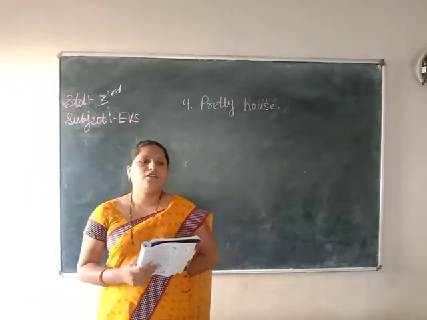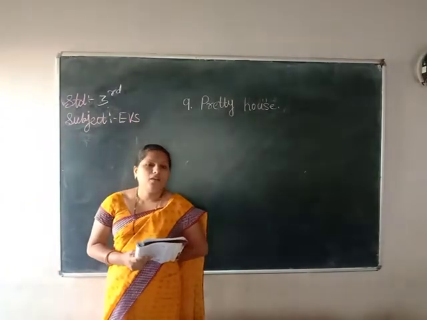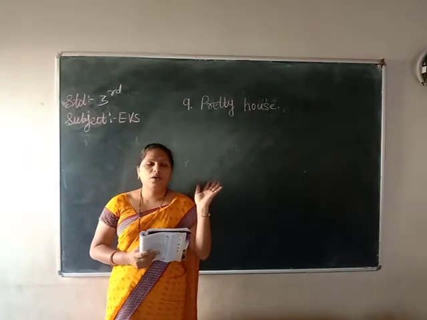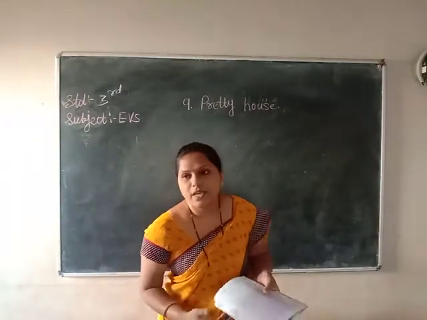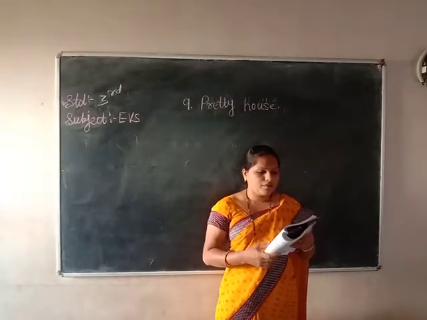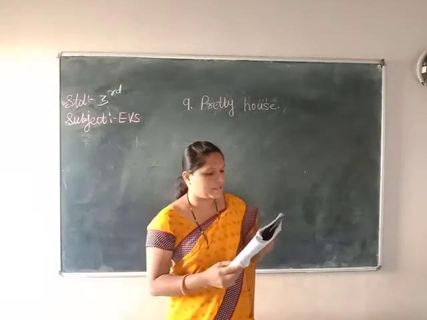Which are the different rooms? Living room, study room, dining room, bedroom, bathroom. All these rooms we have in our house. And if there is some space, make a garden there. Plant different types of flowers, some small fruits, and other plants.